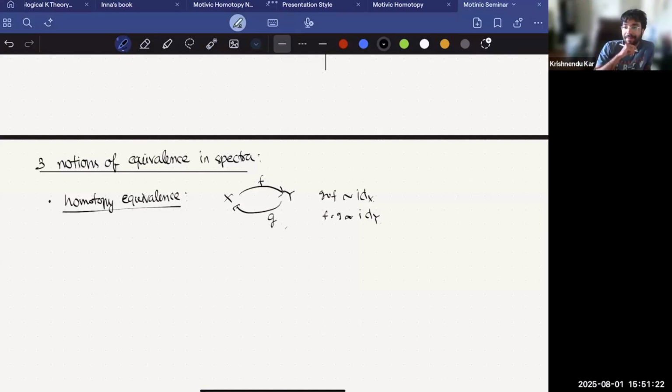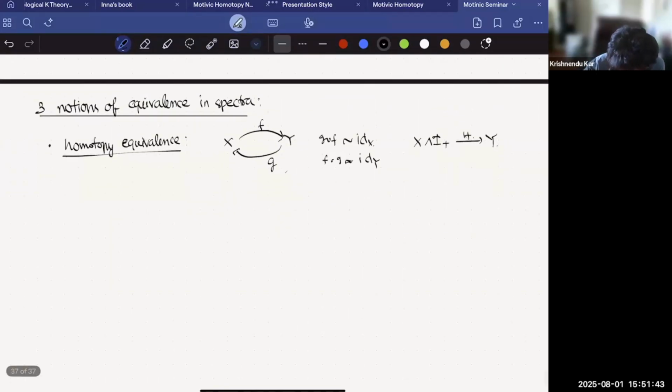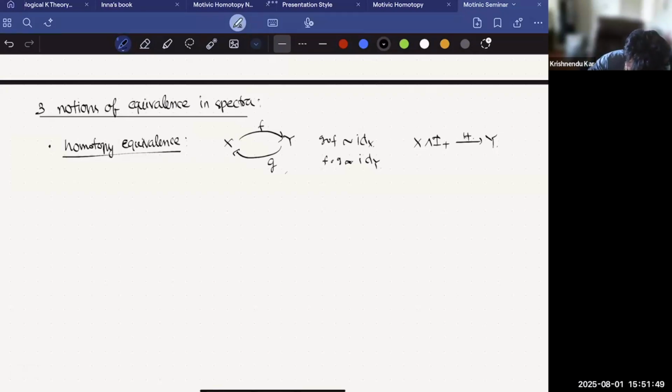For that, I have to spend some more time talking about the smashing thing, but don't worry about that for now. It means a map from X smash I plus to Y. This is your notion of homotopy in this category, but let's not worry about that. Just know that there is a notion of homotopy, and we can define homotopy equivalence.